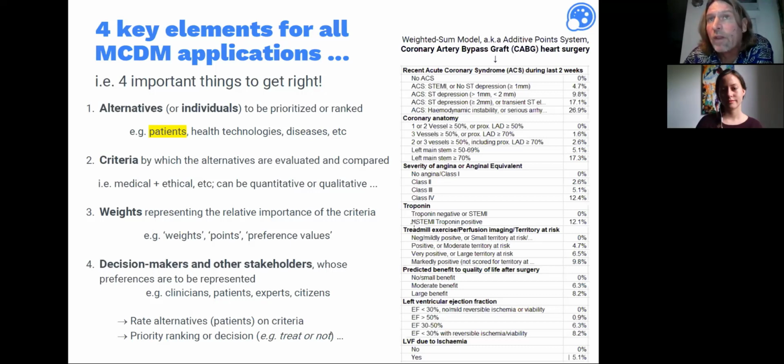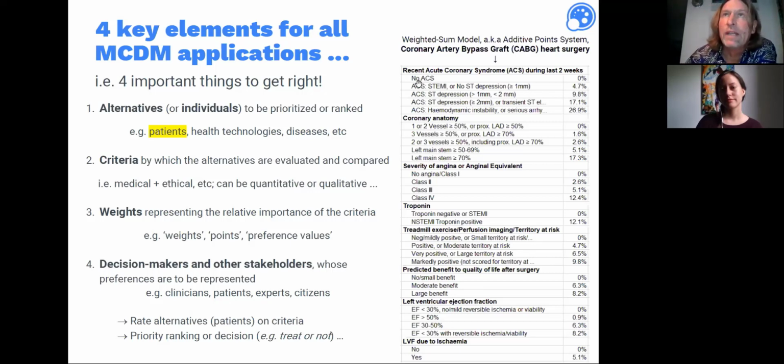So basically the highest level, or the furthest down the list on the right-hand side, we would simply add those numbers, so 26.9 plus 17.3 plus 12.4, right down to 5.1. So we'd have 8 numbers that we add up. If you add those 8 numbers, the score would be 100. And that's why beside each of the numbers is a percentage sign. So the maximum score that any patient hypothetically could get is 100 points.